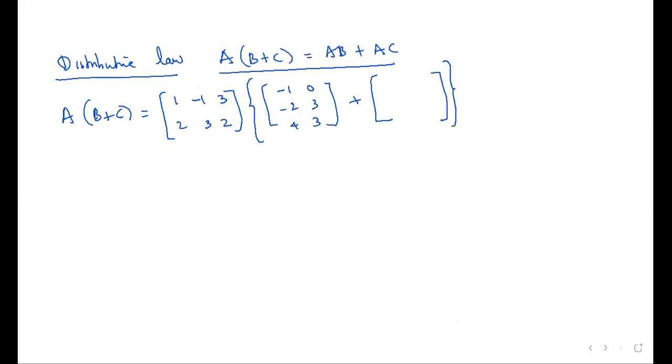Then C is 1, 2, minus 2, 0, 4, minus 3. I took the question from the textbook only. So first you will add B and C. A will be kept like that only.